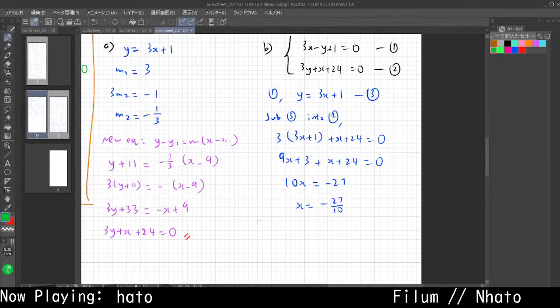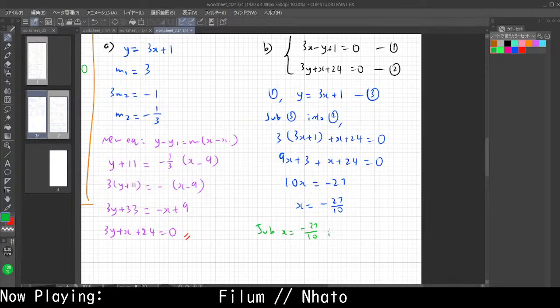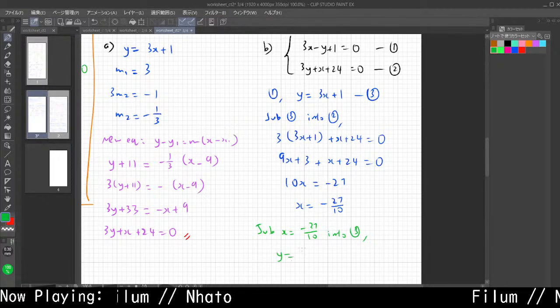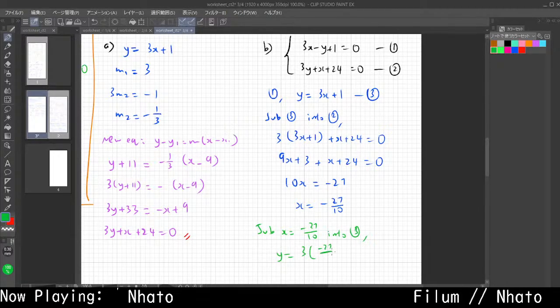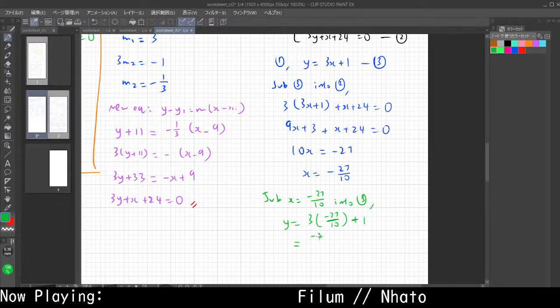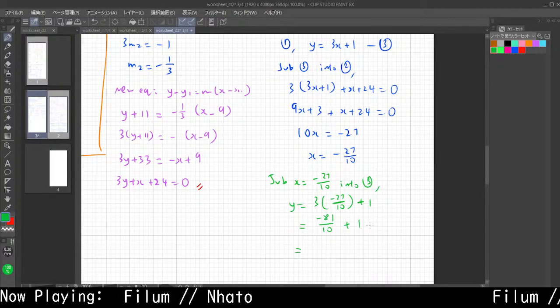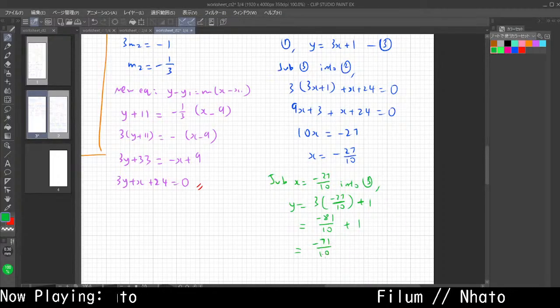Then sub x equals to negative 27 over 10 into 3. y equals to 3, multiply this entire thing, plus 1. 3 multiply negative 27, negative 81 over 10 plus 1. This is 10 over 10. So you get negative 71 over 10.